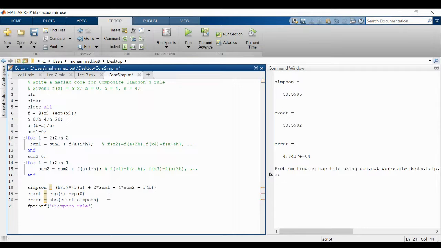You can say composite. Since you want to write an answer with percentage signs, 5 point, if you want to write just 4 decimal or up to 8 decimal, it is up to you. Then backslash n and then the answer.